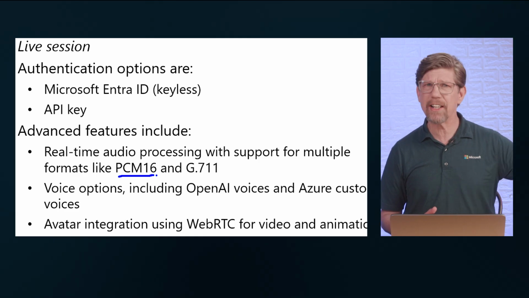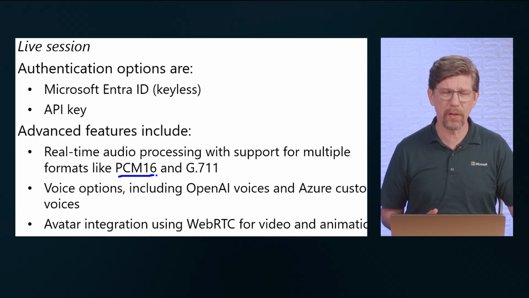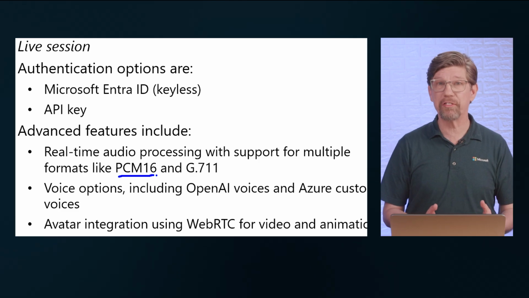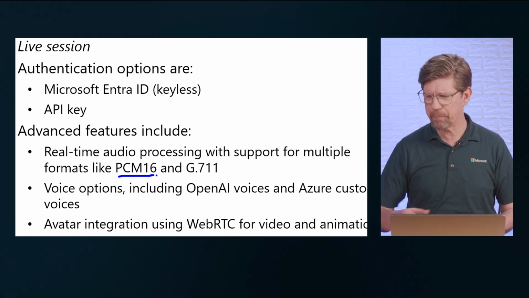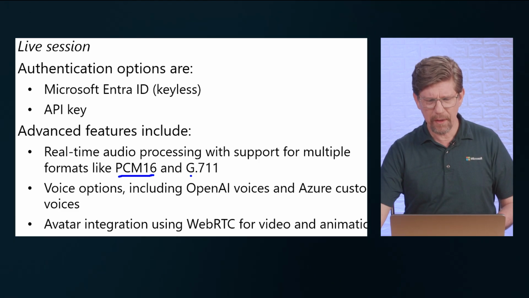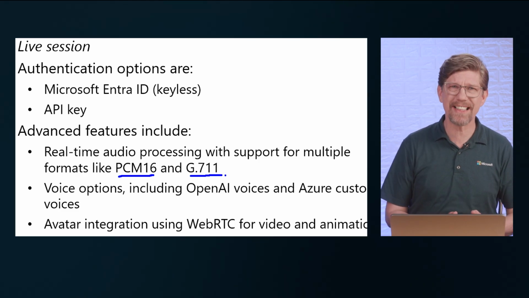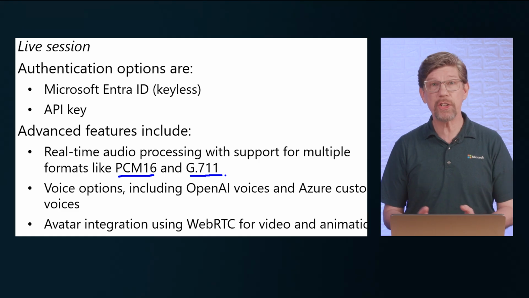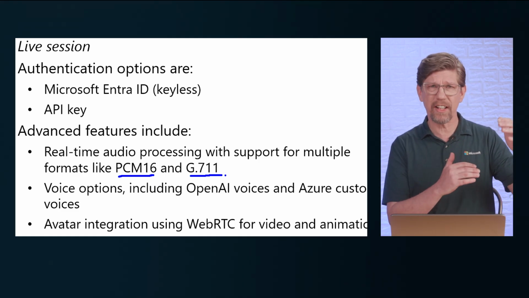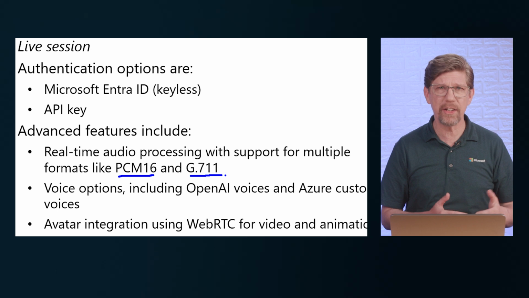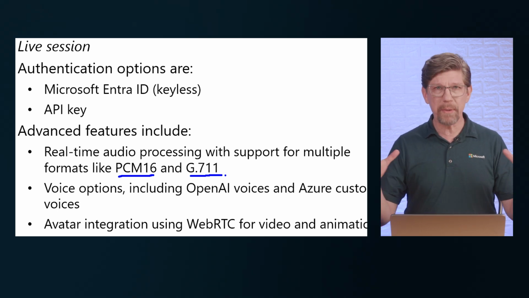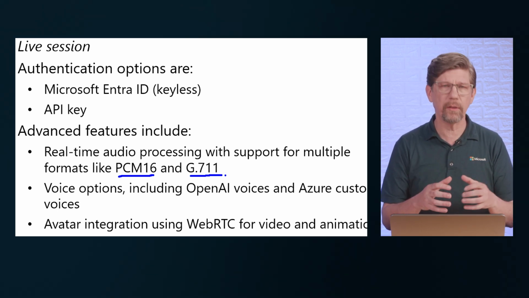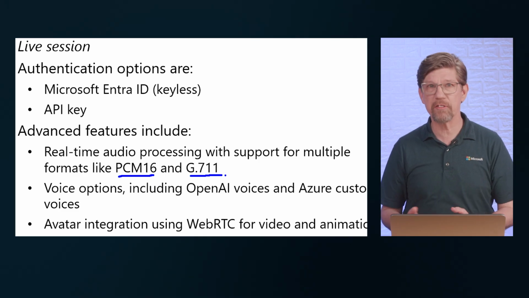The payload is going to be a little bit larger, but you get full fidelity sound out of something like that. Or there is also the G.711 format, and this is a compressed speech codec. It specifically has the bandwidth, the range for human voice. So it can be a lot tighter, a lot smaller, but still convey human voice really well.